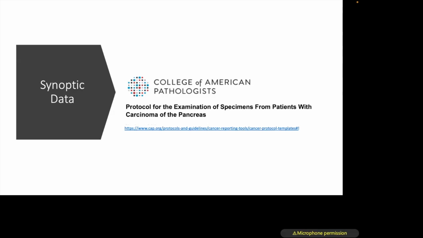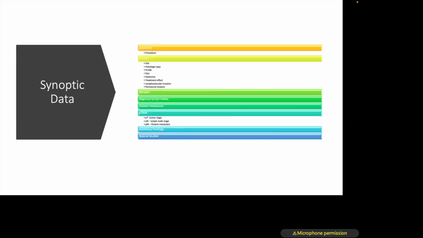So this is a great website to check out. It kind of breaks down what the synoptic data is. So this is basically what is in the synoptic data. We talk about the specimen, so the procedure, the tumor, the site, the histology, grade, extension, treatment effect, if there's neoadjuvant chemoradiation or chemotherapy, presence or absence of lymphovascular invasion, margins, the lymph nodes, distant metastases.